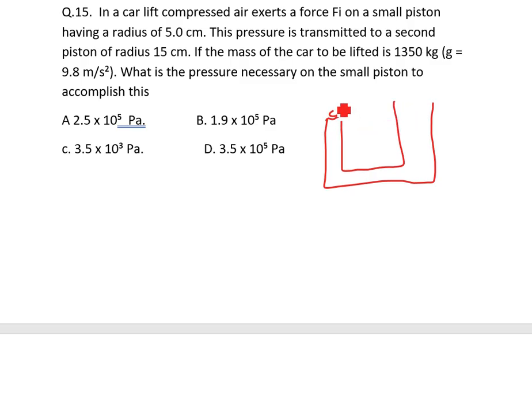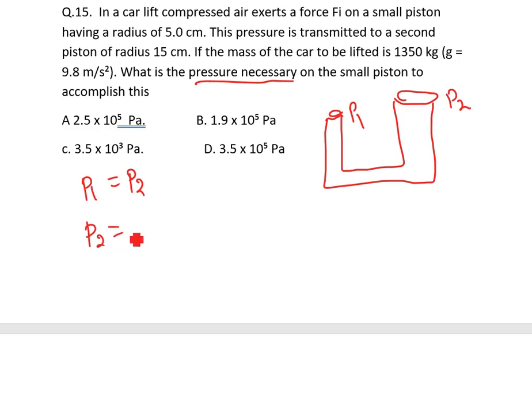A car is sitting on it, pressure will be created, and the same pressure will be here. So pressure on this one is equal to pressure on that one, P1 equal to P2. It asks for the pressure necessary on the small piston to accomplish this.